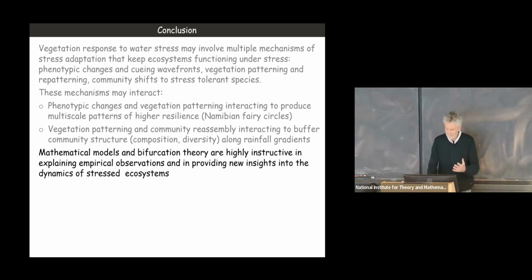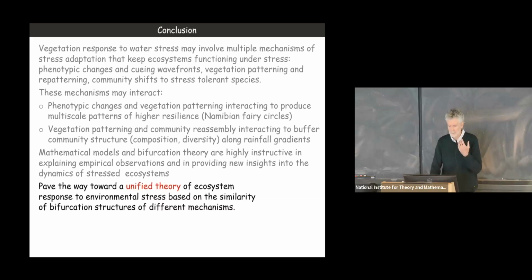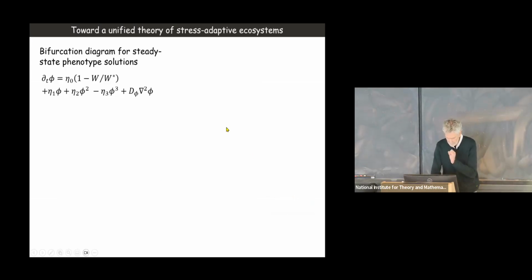But my view, at least, is that we can go more than that. Such models may pave the way toward a unified theory of ecosystem response to environmental stresses, based on the similarity between bifurcation structure of different species. And let me just say a few words about that.